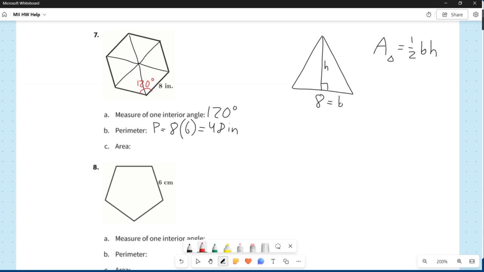That's what we found in part A. And it turns out that the line that we drew through that angle, I'll do this in green, bisects that angle, cuts it right in half, which means this piece here is 60, and this piece here is 60. So if we compare that to our picture on the right, we've taken one of our triangles and separated it out, and it means that this angle right here is 60. It also means that this angle is 60, but we only need to label it once.